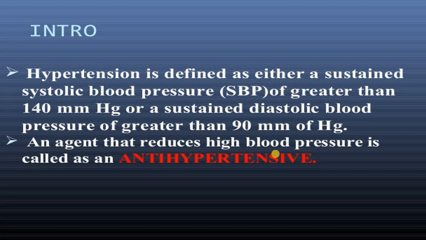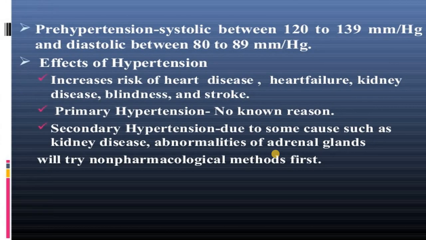Okay, next, the agents that reduce high blood pressure are called antihypertensive drugs. Prehypertension is systolic between 120 and 139 mm of Hg and diastolic between 80 and 89 mm of Hg.